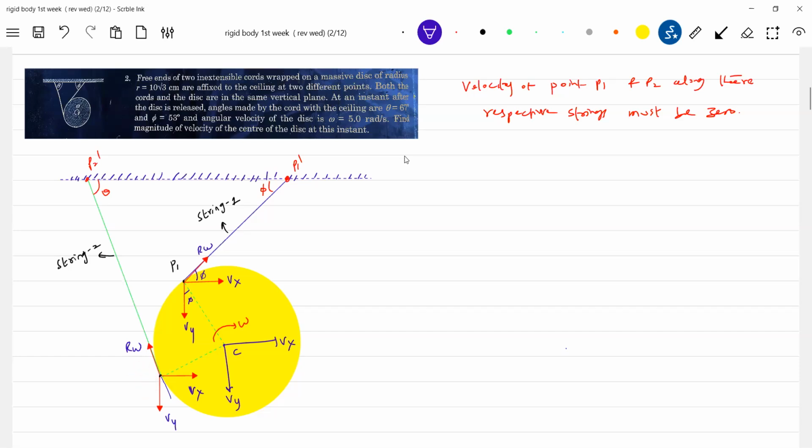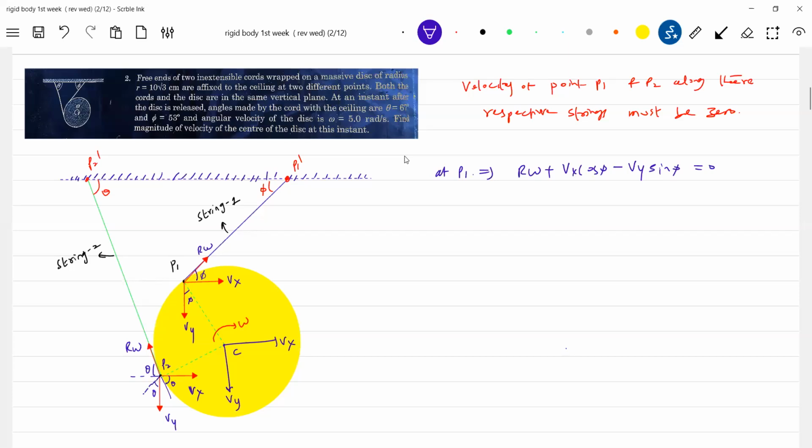Okay, I'll do one thing. This should be theta. If this is theta, this should be theta. The equation we can write: r omega plus Vx cos phi minus Vy sin phi should be equal to 0.